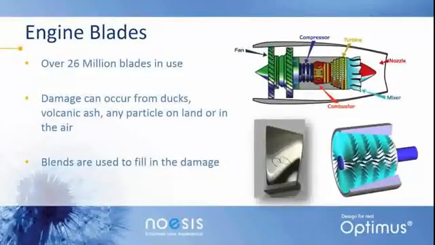A great deal of time and money is spent repairing damaged blades. And so when these blades are damaged, what's called a blend is used to fix the blade. So it's really imperative to determine the maximum amount of damage that a blade can have and still provide enough lift force to keep the jet engine in balance.